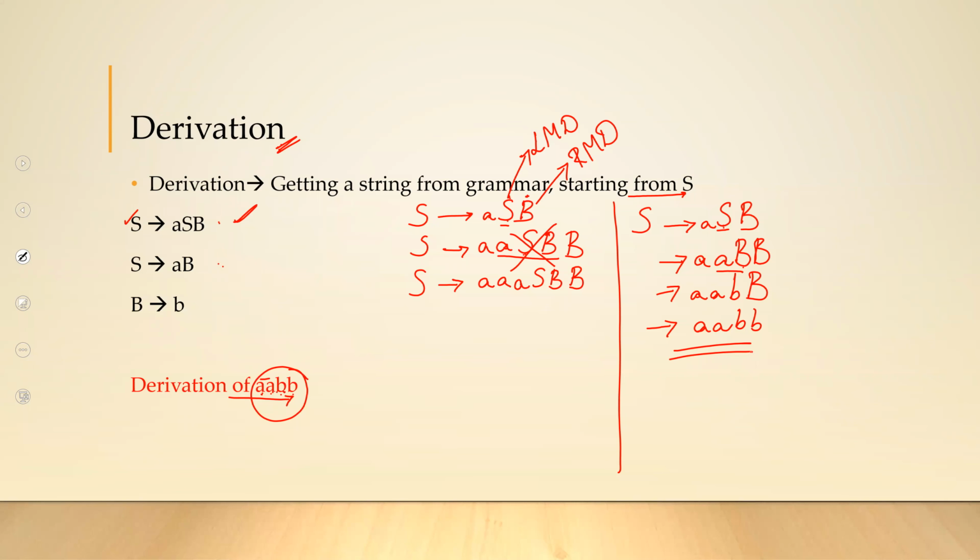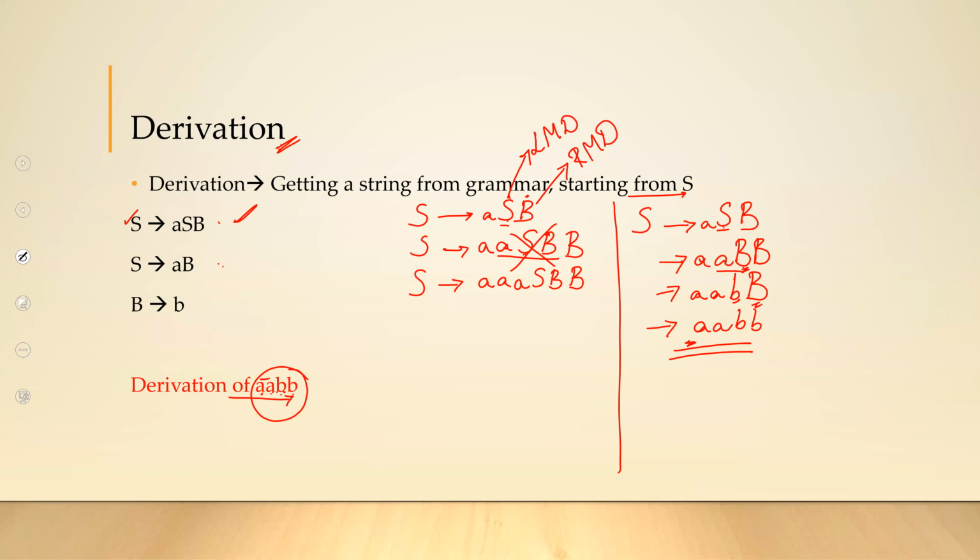Now, a few things you have to keep in mind: when you directly look into a production rule, you can even come to this particular last step in a single go. But that is not how you do derivations. In a derivation, only one variable can be replaced at a time.